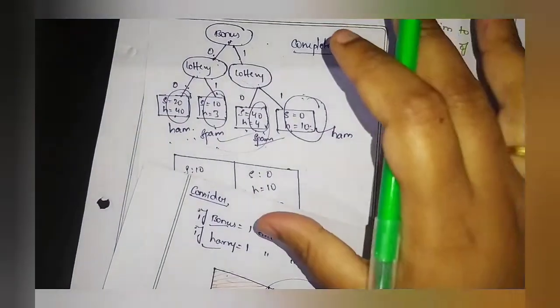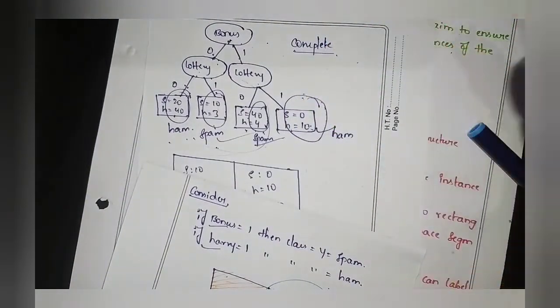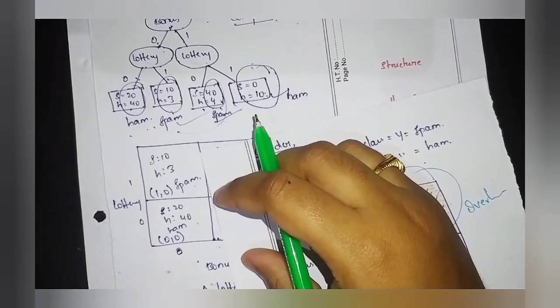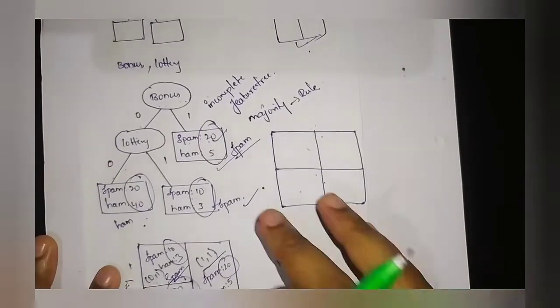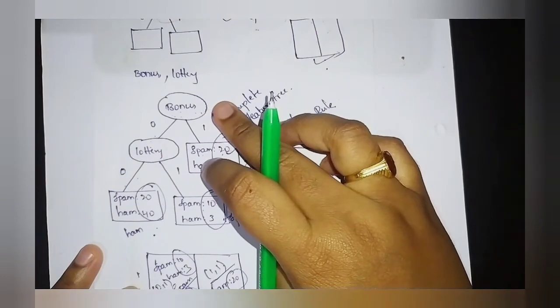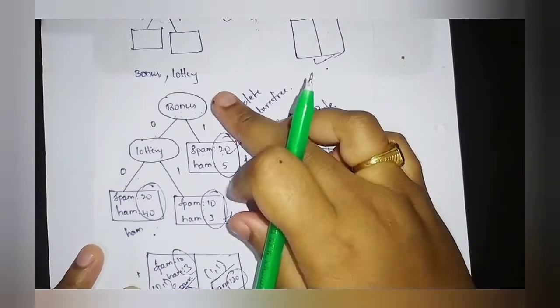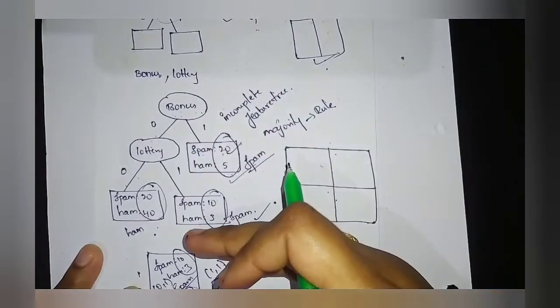So now let me clarify how tree learning and rule learning work separately. In tree learning, we went with the top-down fashion, because in a tree, firstly, we considered a feature and then we split on those features in order to get a feature tree. So we worked in top-down fashion.